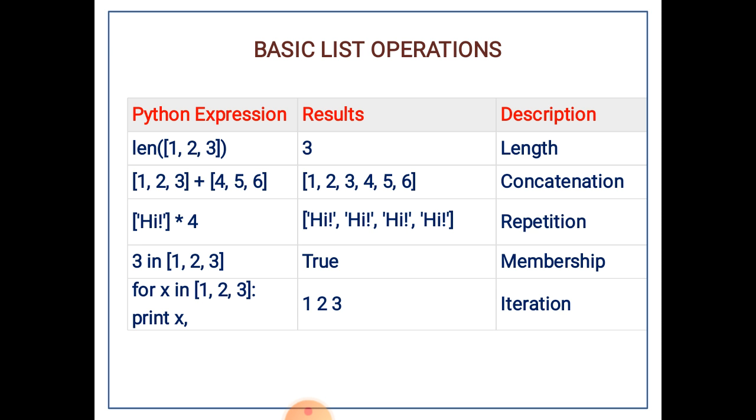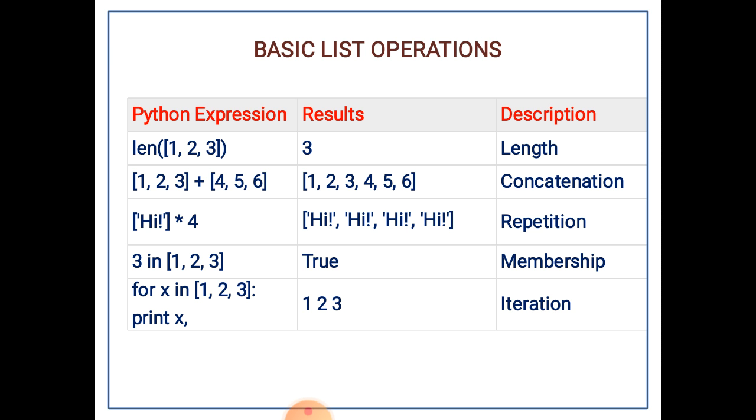So there you see in the first column len of [1, 2, 3]. There is a list containing 3 elements, 3 integers 1 to 3, and I want the length of that list.